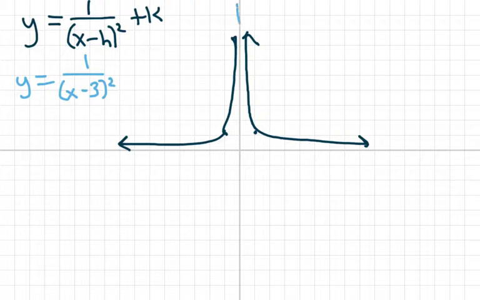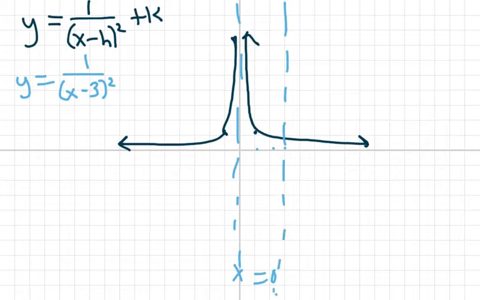And we had a vertical asymptote at x equals 0. If we shift it to the right by 3, we're going to have a vertical asymptote at x equals 3. And then what I do from here is go down and just kind of graph it here. Whoops, it's a little crookedy.